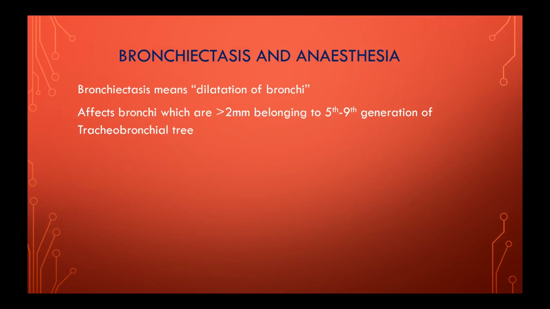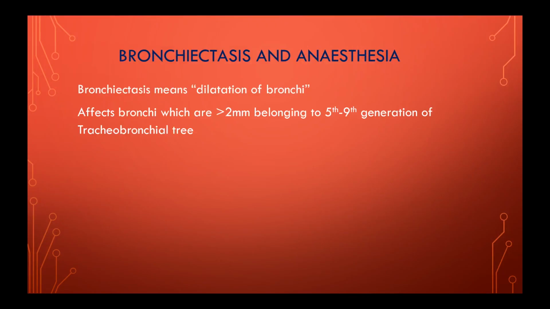It affects bronchi which are more than 2 millimeters, belonging to the fifth to the ninth generation of the tracheobronchial tree. You must be knowing that the tracheobronchial tree is classified by Weibel, starting from the trachea.